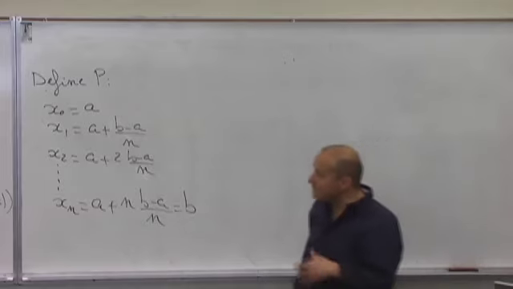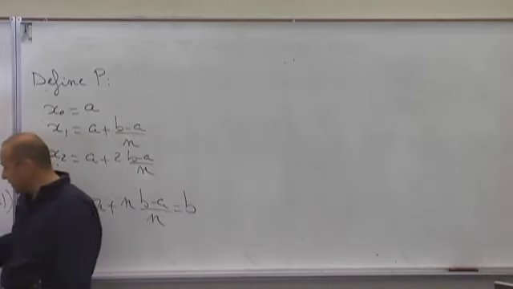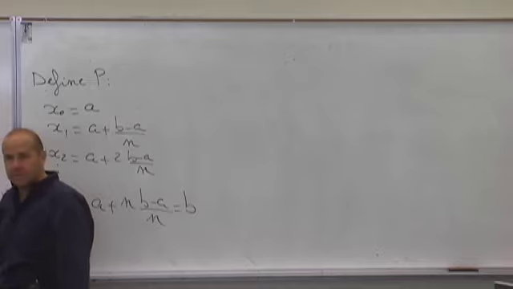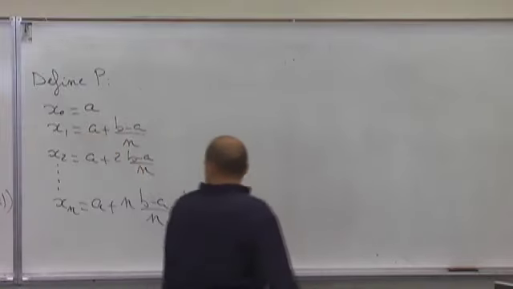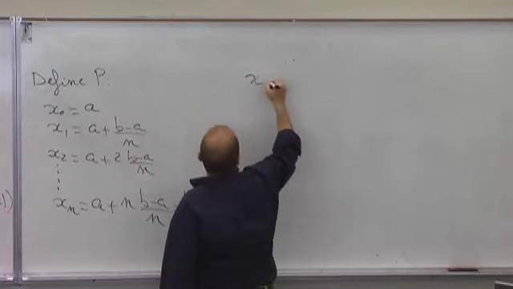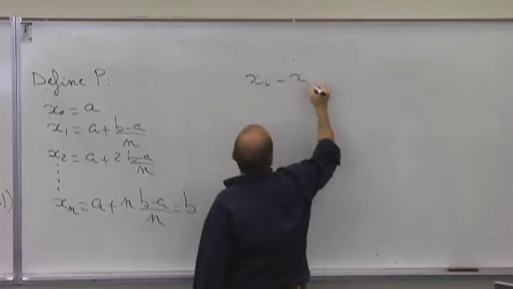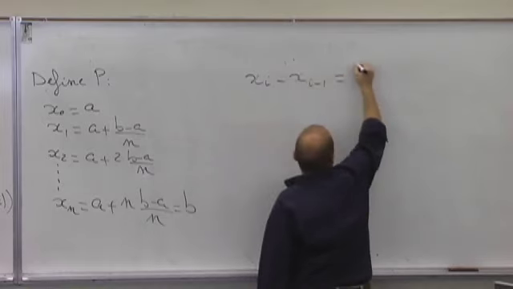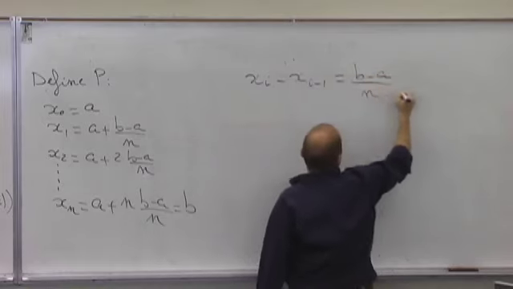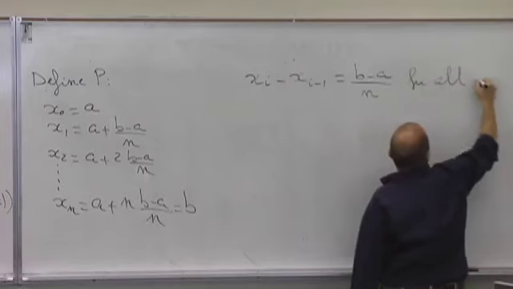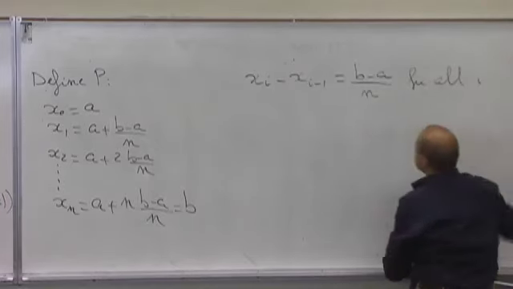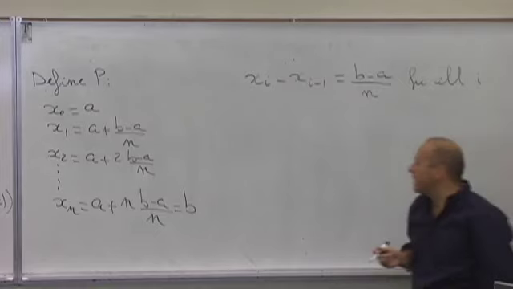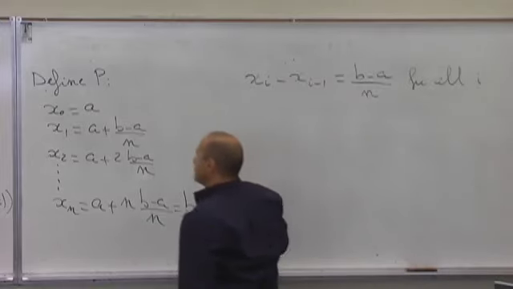And n has been picked quite big normally because it depends on epsilon, and it increases as the inverse of epsilon. So the smaller your epsilon, the bigger the n. So what we observe here is that xi minus xi minus 1 is always (b minus a) over n for all i. So that's one thing.